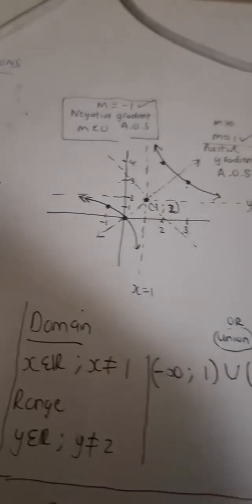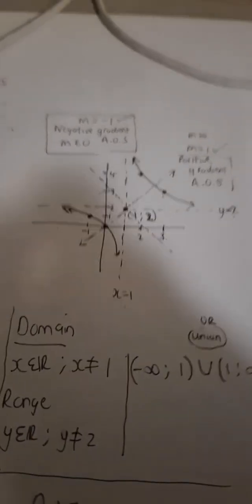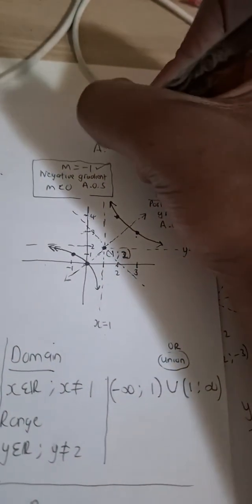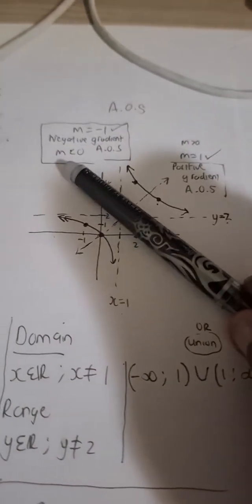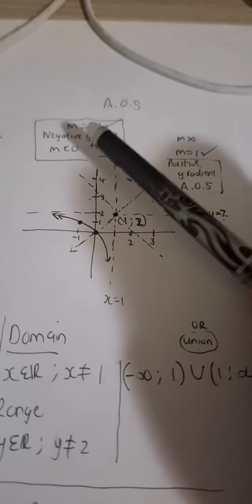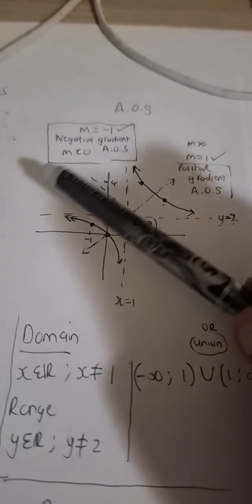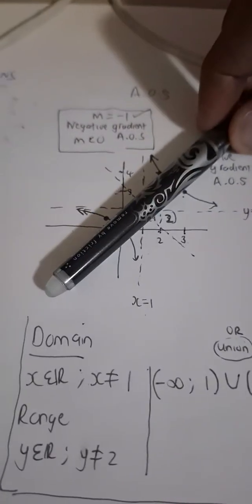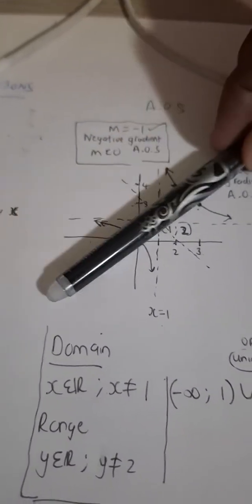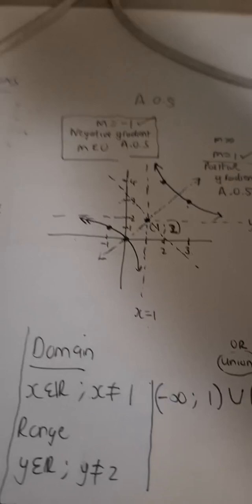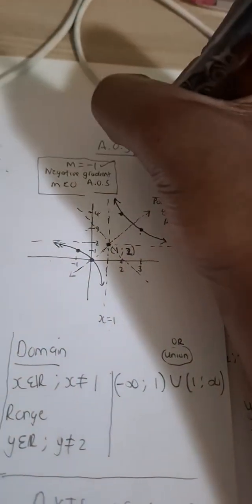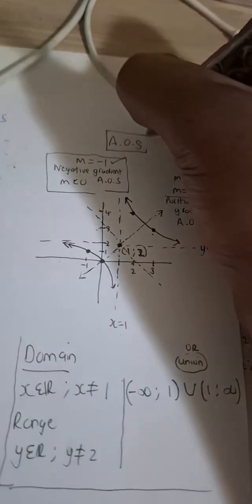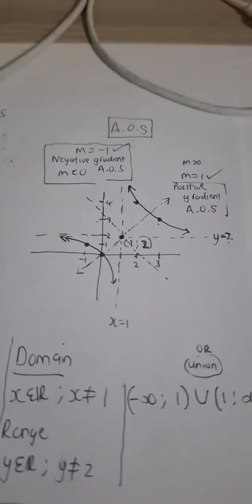Do you see that, guys? I hope you can see that. So that is the role of the axis of symmetry. What you see on the left, you will see on the right. What you see on this side of the axis of symmetry, you'll see on the other side of the axis of symmetry. Hence, we talk about mirror images.